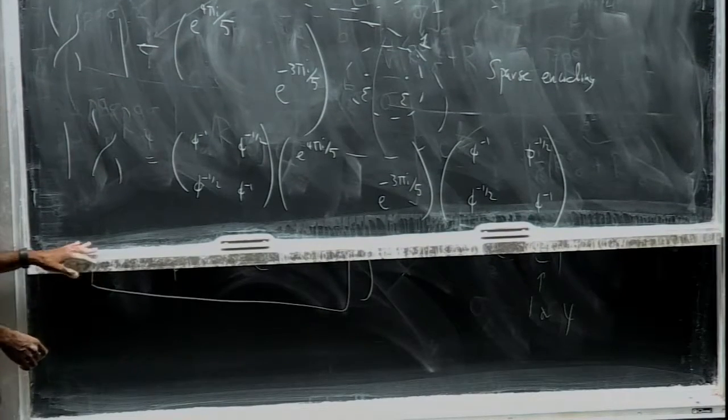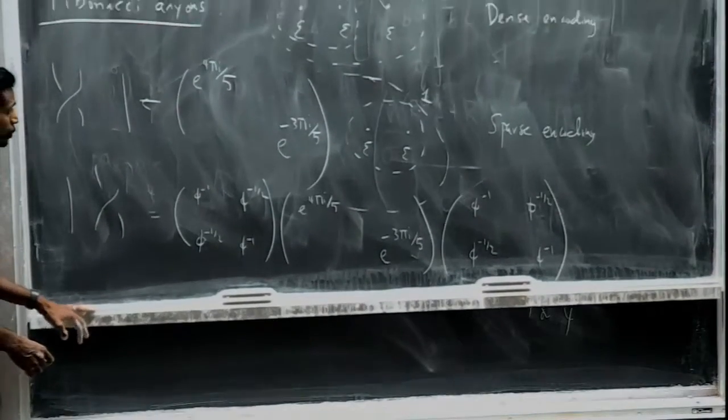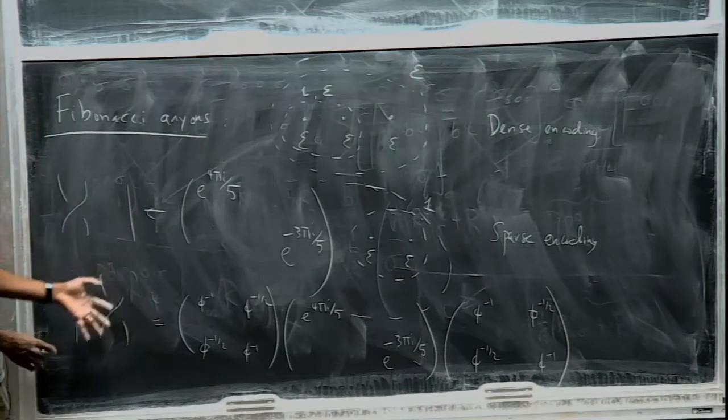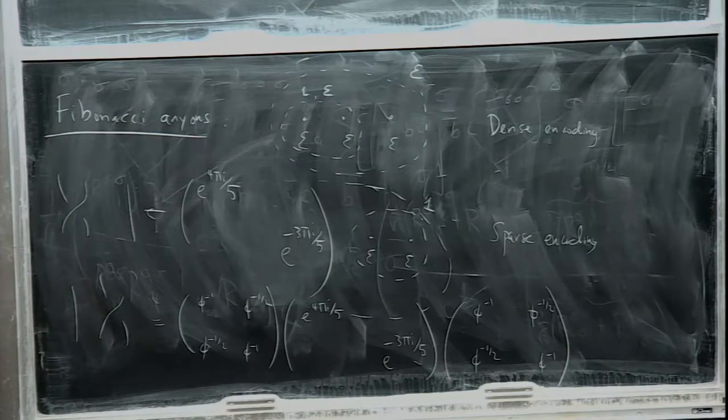So Fibonacci anyons, this is great because with relatively simple braids we can generate anything we like. The problem potentially is that, number one, we don't have very strong evidence yet that there's any system in nature that has these, although there is some evidence perhaps about 12/5.